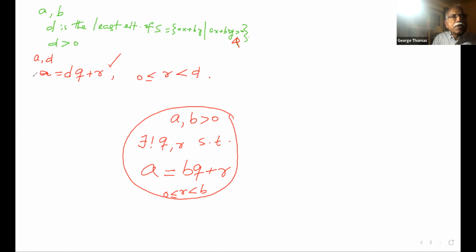Am I justified in writing like this? Is there a Q and an R? You can try to divide A by D, and this is what you get. But I am saying there exists a unique Q and R because I am applying the division theorem.